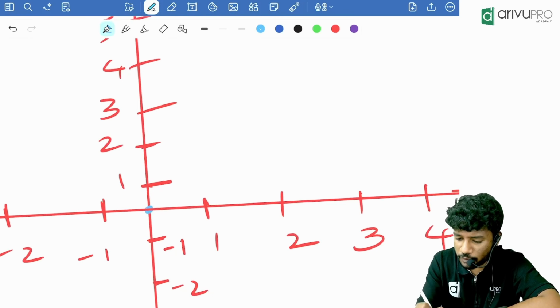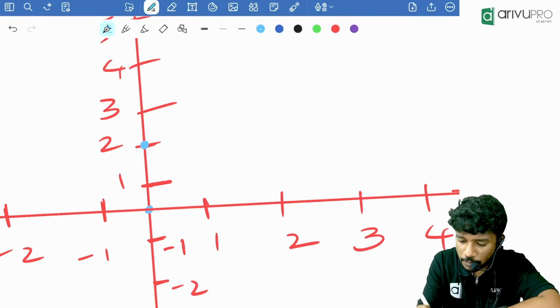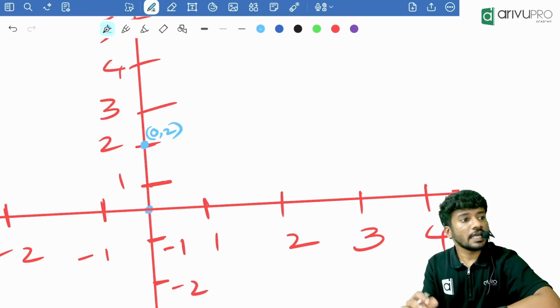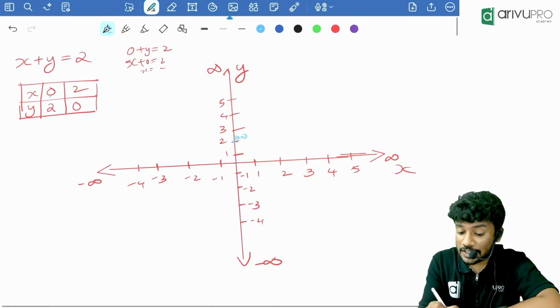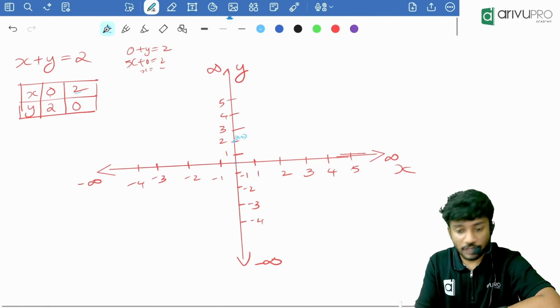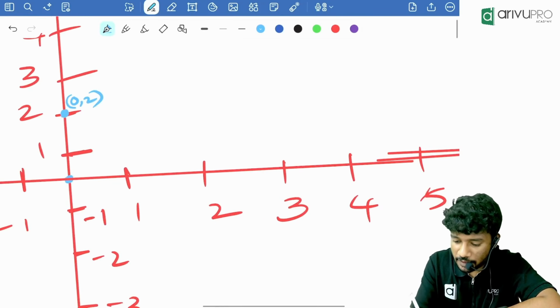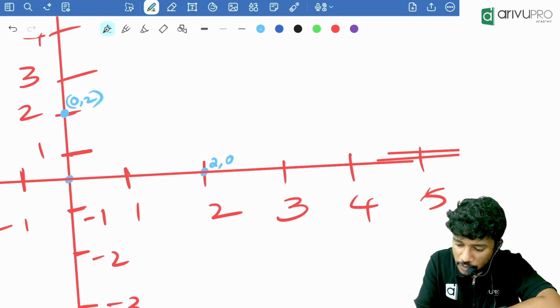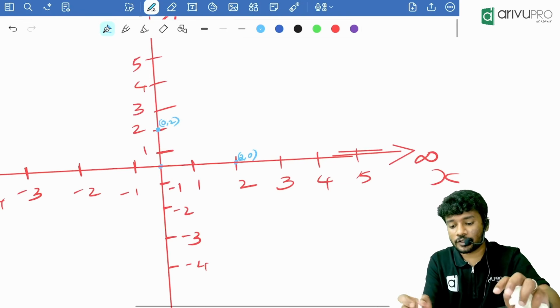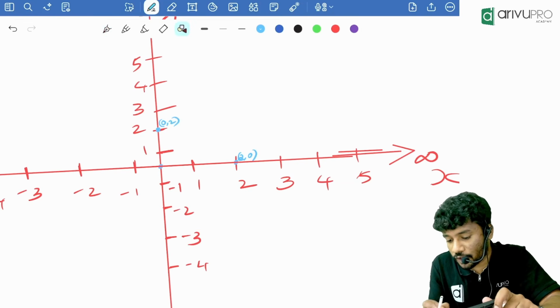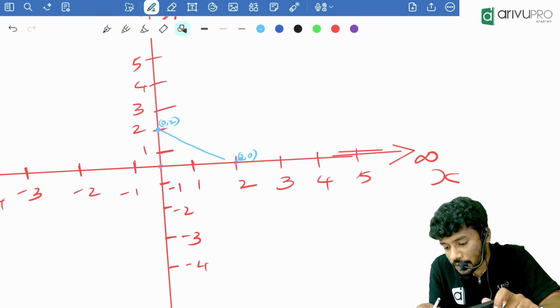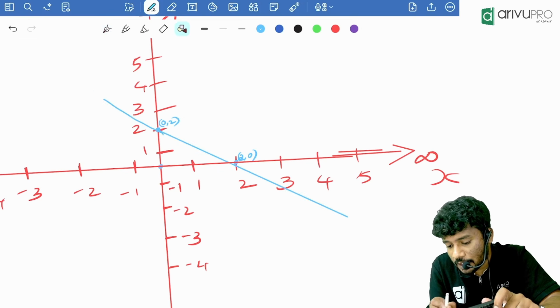X is 0, y is 2. This is the point, 0, 2. When y is equal to 0, x is equal to 2. That means which point is it? That is 2, 0. Now, how will you draw the graph? You will just join the 2 points together. Then it will be a graph.